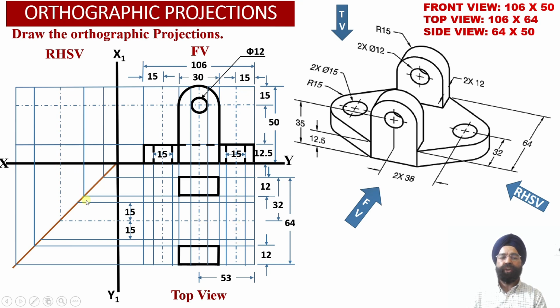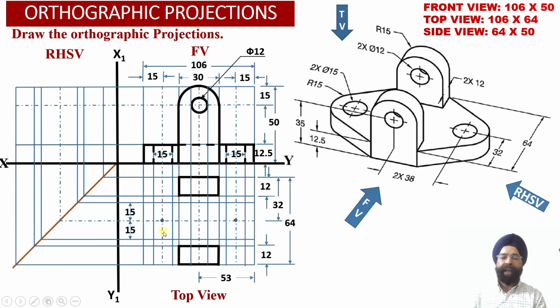And these two horizontal projector lines have again been appropriately transferred into the right hand side view projections using this transfer line which had been drawn at an inclination of 45 degree. So now we have obtained the center points. We can check the center point on the left hand side and the center point on the right hand side.